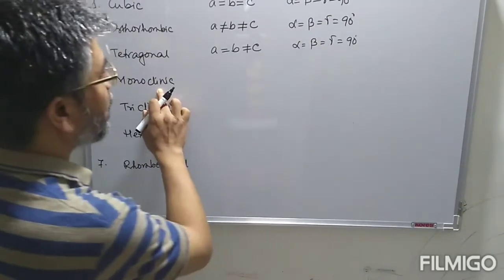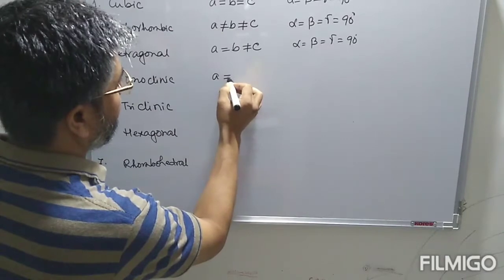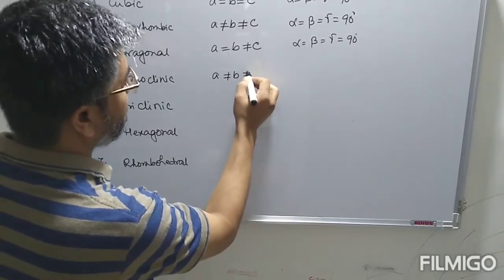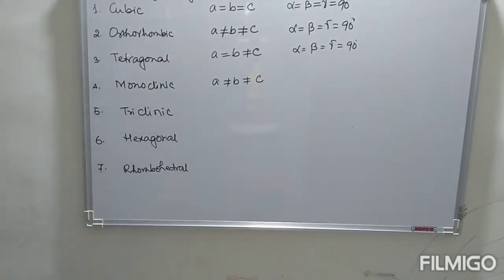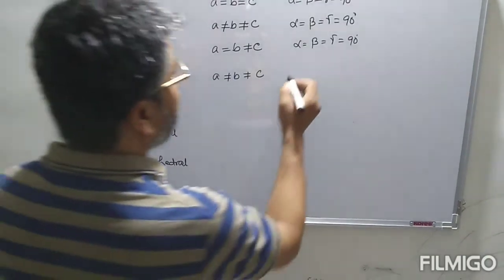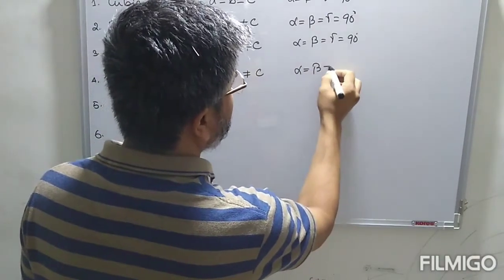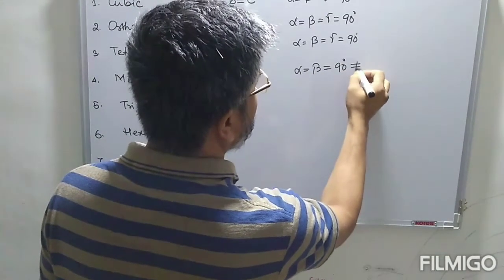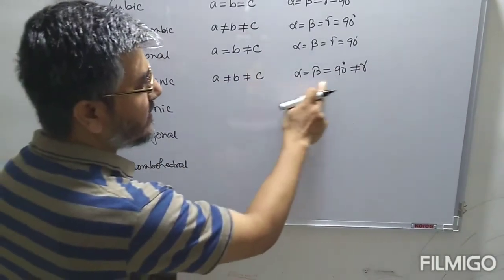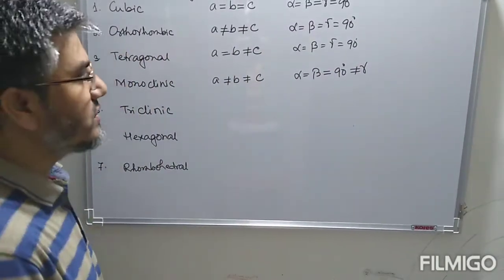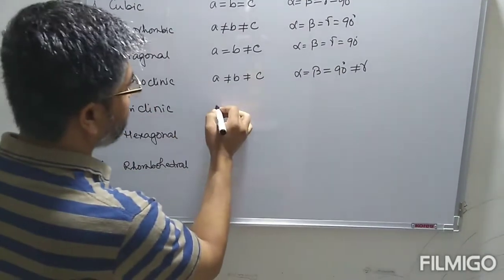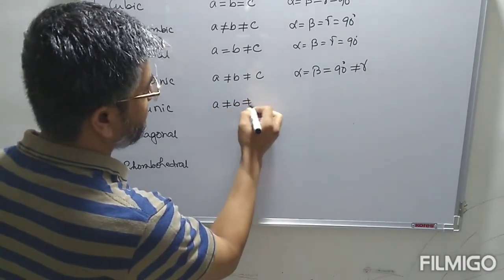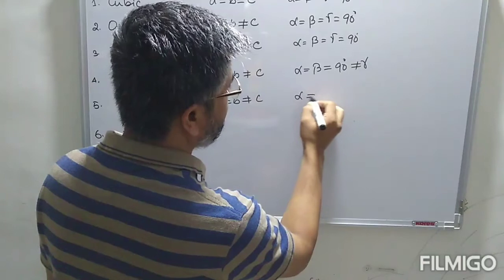Then we have monoclinic, A not equal to B not equal to C. So in monoclinic, the edge lengths A, B, C are different. Then alpha equals beta equals 90 degrees but not equal to gamma. So two of the angles are 90 degrees but the third angle is not 90 degrees. Then we have this monoclinic form. Triclinic: edges are different and the angles are also different.